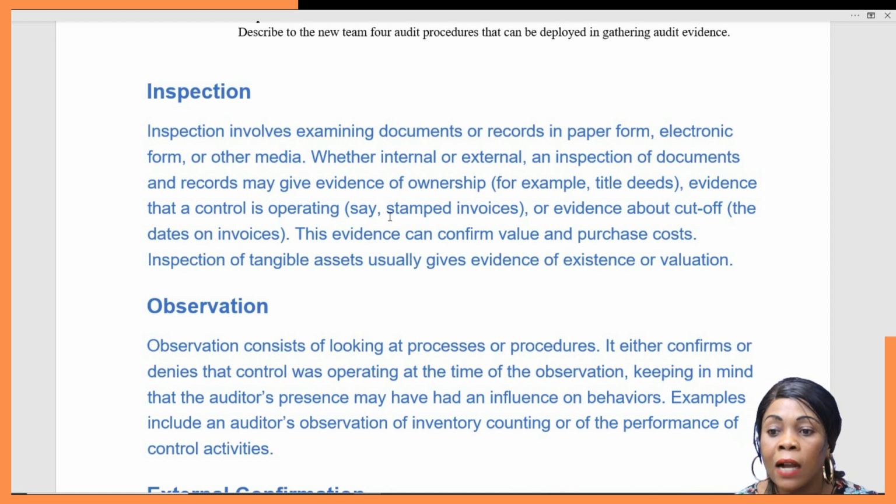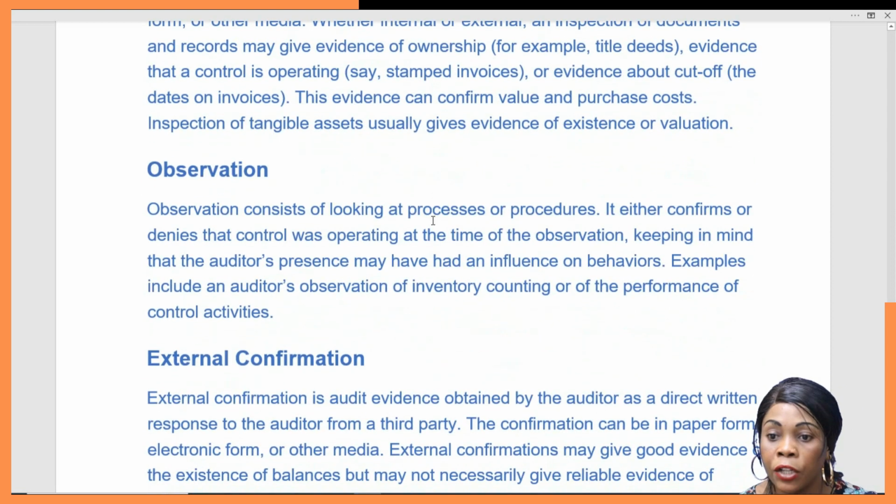It can show evidence that a control is operating, let's say stamped invoices, or evidence about cut-off, the dates, and also the invoices. This evidence can confirm value and purchase costs. Inspection of tangible assets usually gives evidence of existence, not necessarily of valuation.